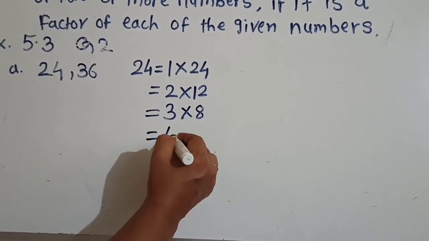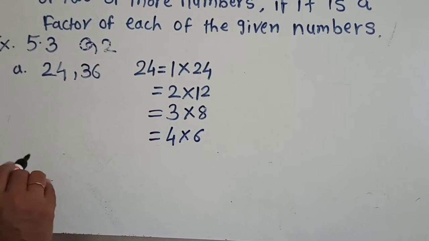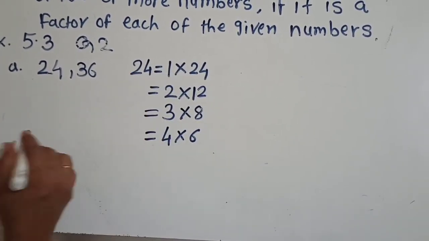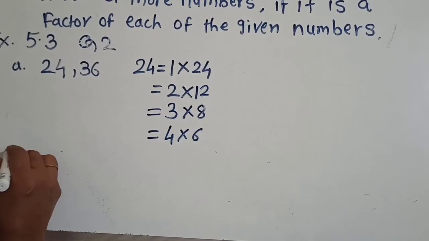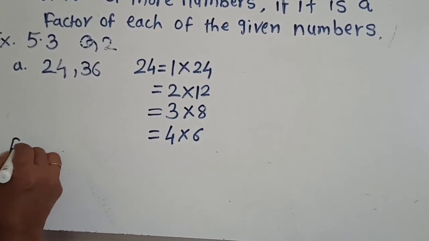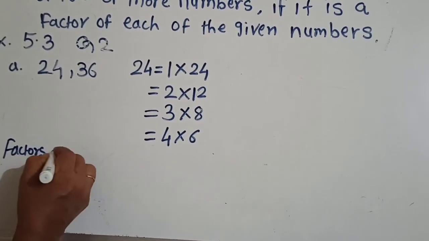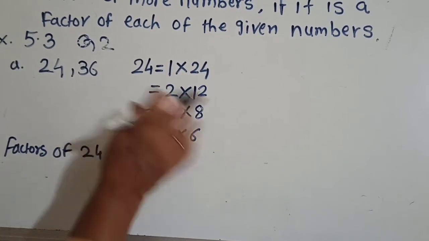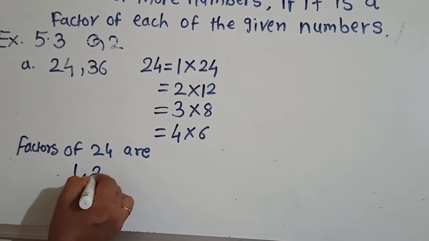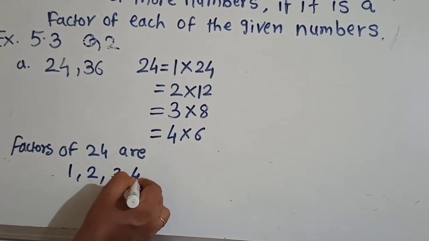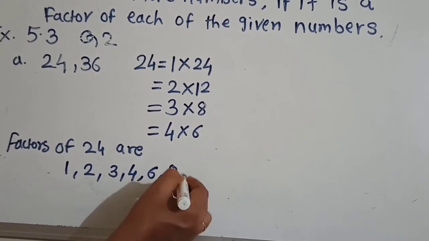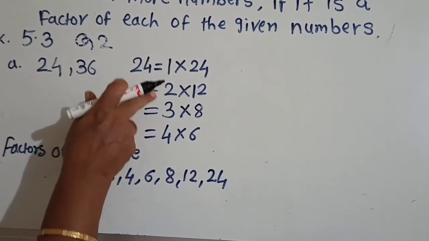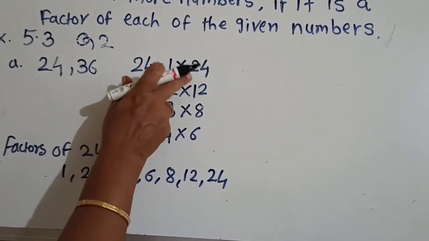Then 4, 4 sixes are 24. Then 5 no, and 6 again, means these are the factors. The factors of 24 are 1, 2, 3, 4, 6, 8, 12 and 24.